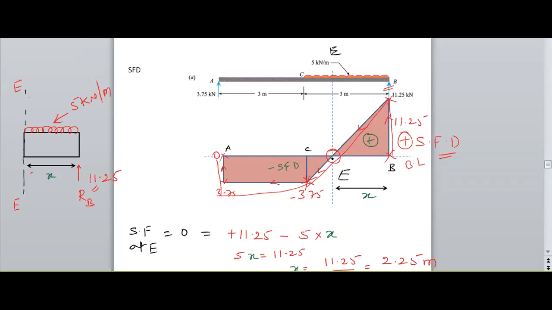Therefore, I need the location. I am considering this as an E point. So A, B, C, next D or E. Any point you need to consider here. I can consider as a D or E. So I am considering an E section here, the section at E.